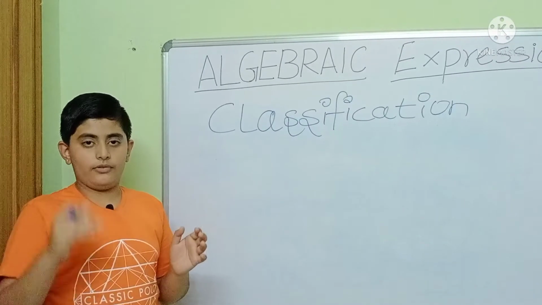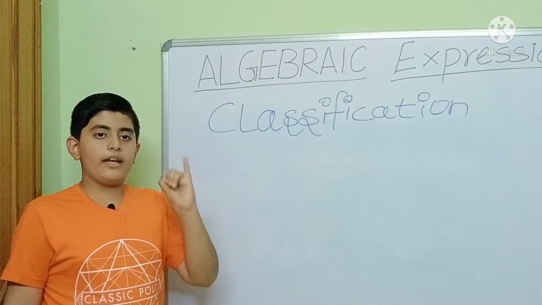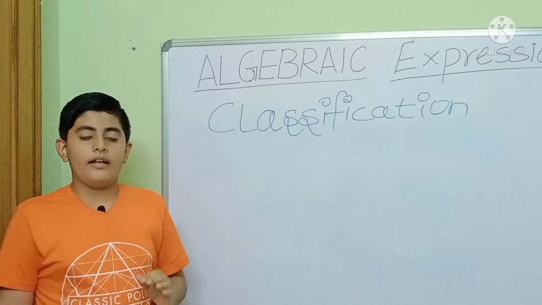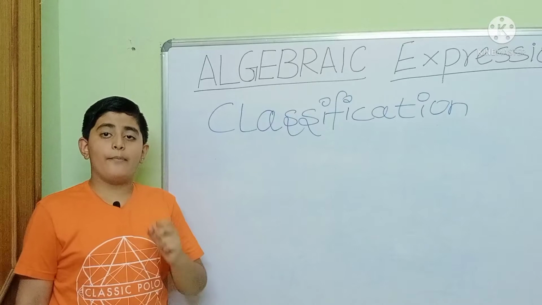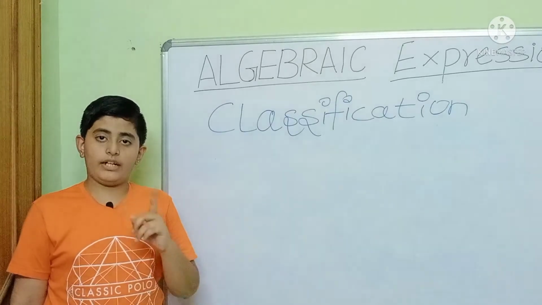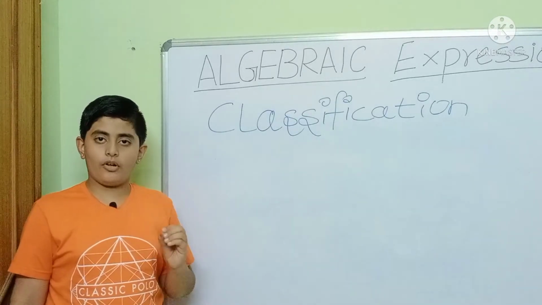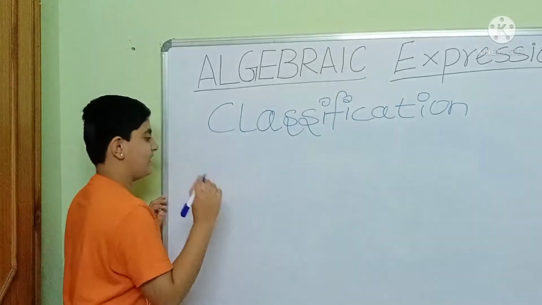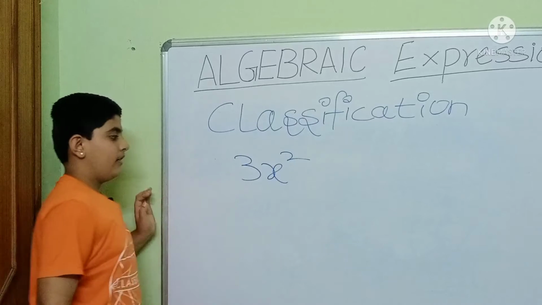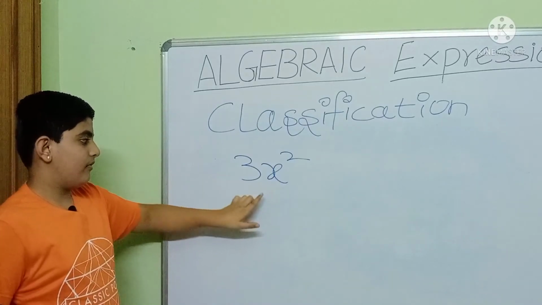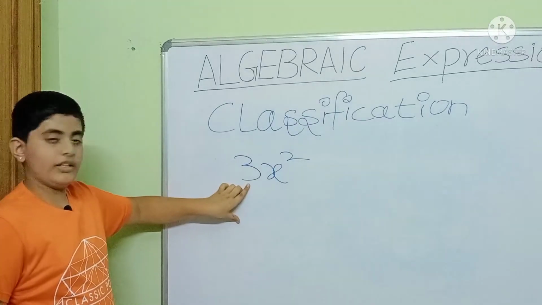Polynomials are divided into 3. Monomial, binomial and trinomial. First, let's go to monomial. Monomial means a polynomial consisting of one term is called a monomial. Let's take an example. Here there is one variable and one constant.